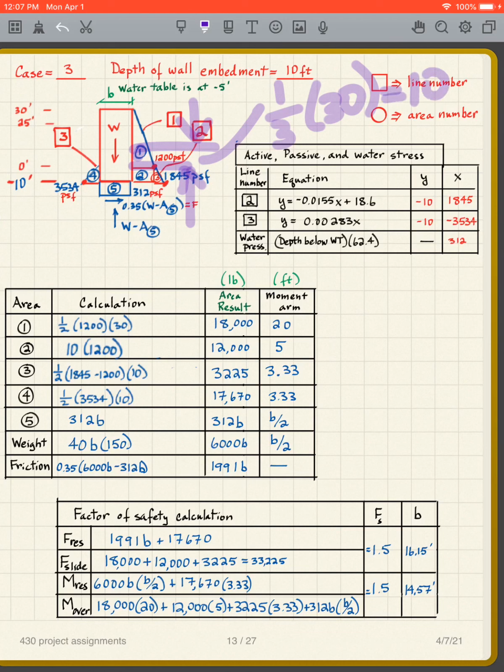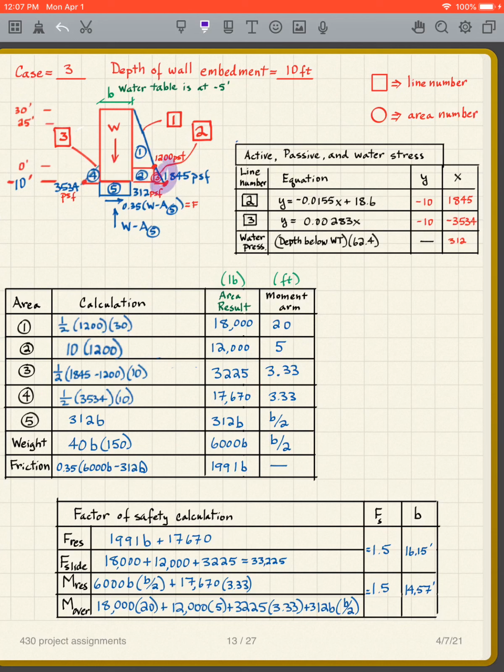And then I also have the 10 here. So the moment arm for 1 is 20. For this rectangle, the total distance is 10. For a rectangle, it's half of that. So 1/2 of 10 is 5. So the moment arm for that is 5.